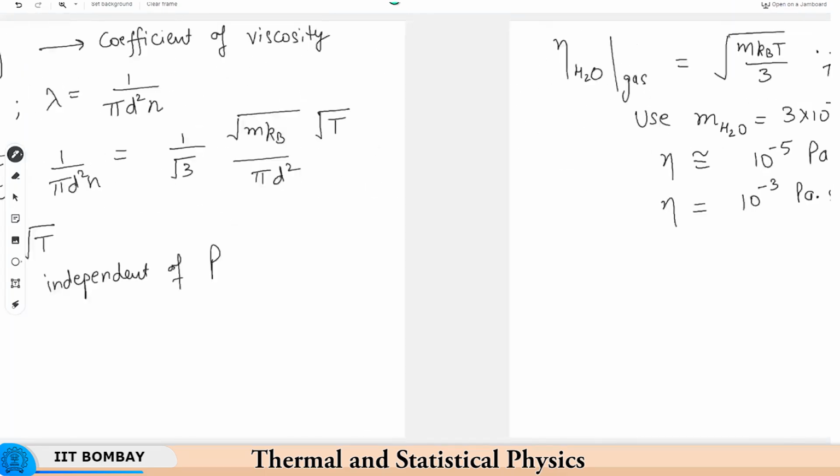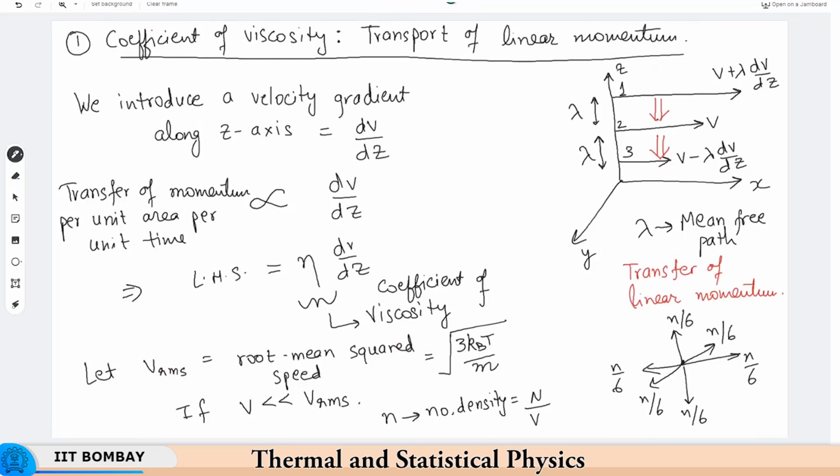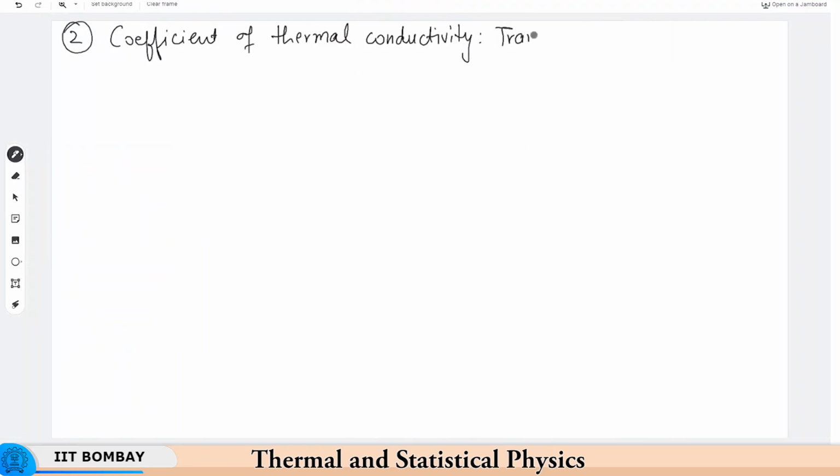Like I said, viscosity is transport of linear momentum. Now we have transport of energy, and transport of energy is nothing but heat. If you have heat transfer in the system, that leads to what is known as the thermal conductivity coefficient, which is a property of a gas.